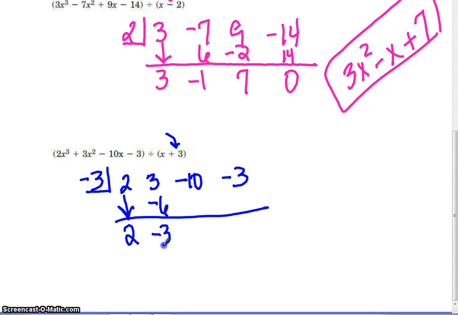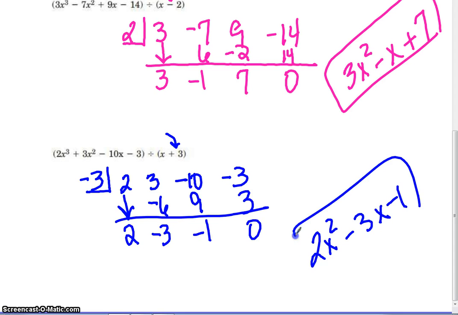We're going to combine 3 and -6 and get -3. We're going to multiply -3 times -3 and get a +9. -10 plus 9 is -1. -3 times -1 is a +3. And -3 and 3 gives you 0. So my answer is 2x squared minus 3x minus 1. And I'm through.